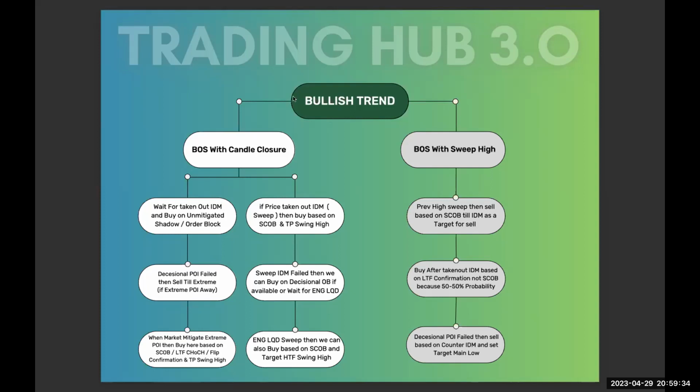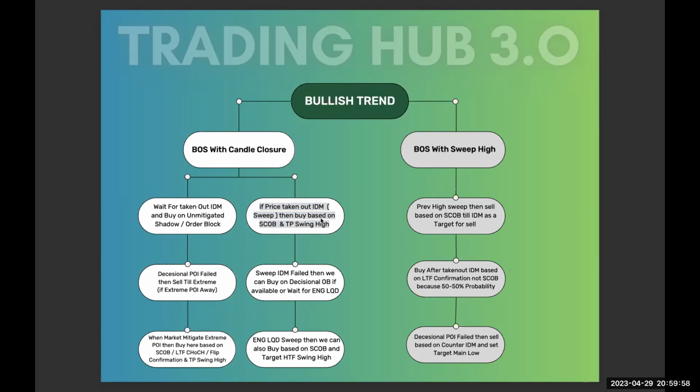In a bullish market, momentum is bullish. Read it. If price takes out inducement and sweeps, right? Inducement sweep, and then buy based on single candle order block, and TP target point is the swing high.